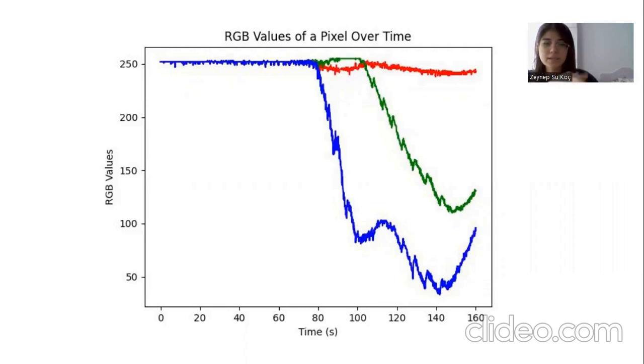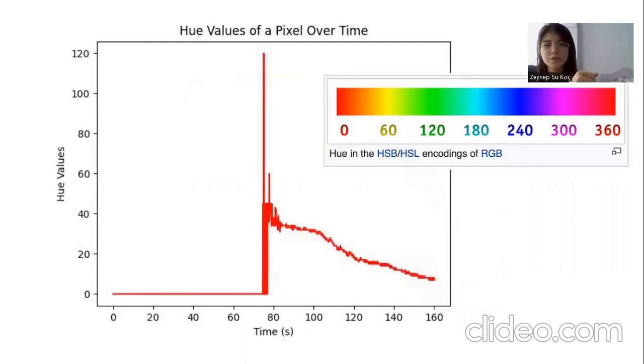And as we can see, the blue color is getting less. So the other, like green and red colors also start to take place. Also we obtained hue values.